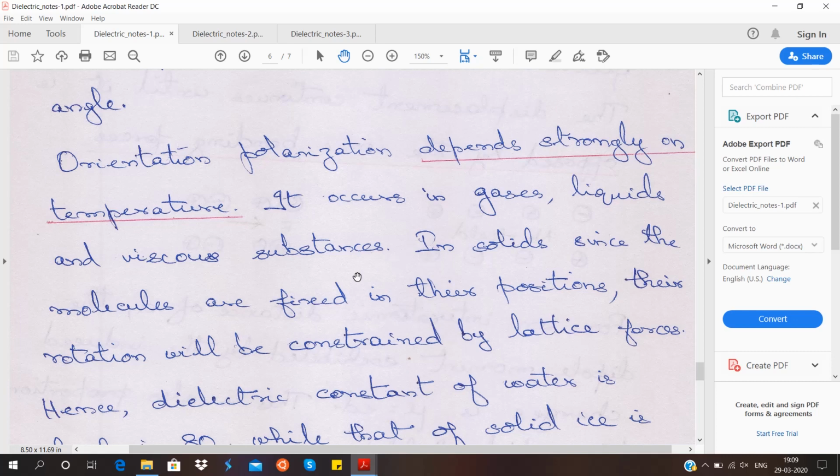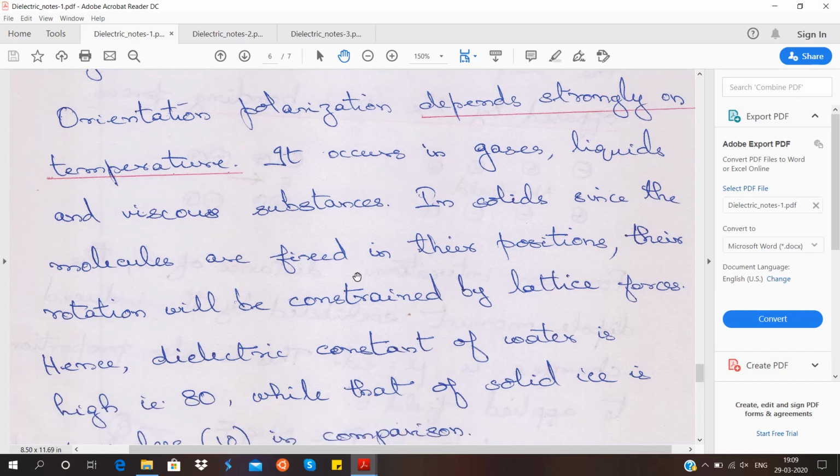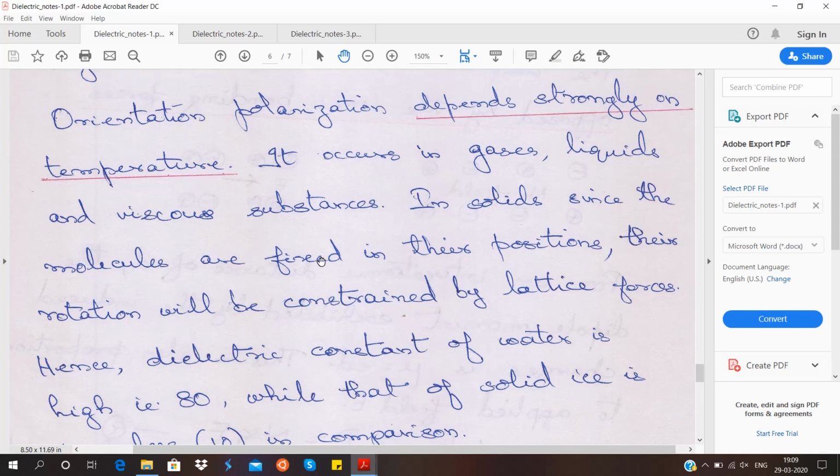The reason is, in case of solids, we already know that they are all based on the crystal lattice structure. So the molecules are always fixed in their position, and if they have to move, the movement will always be constrained by some forces between the different lattices within the crystal or the solid. So the lattice forces restrict any kind of rotation.